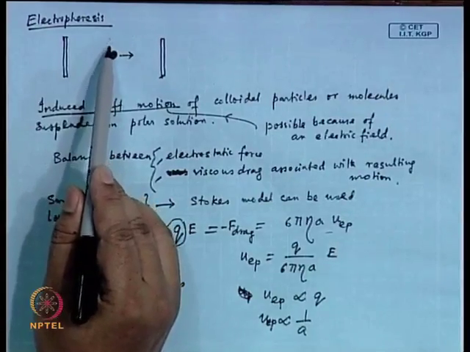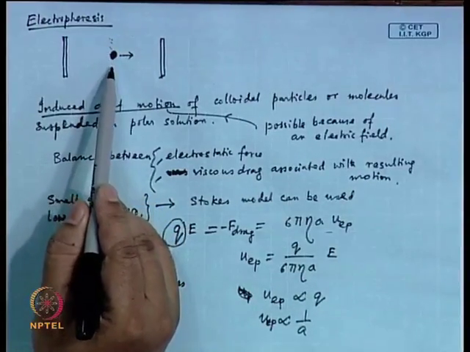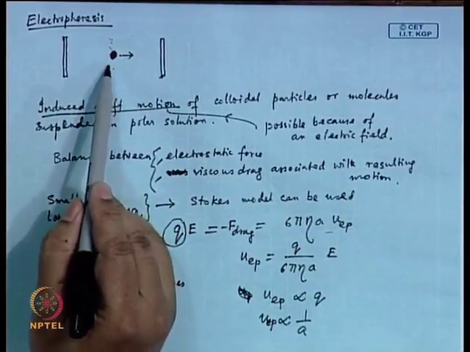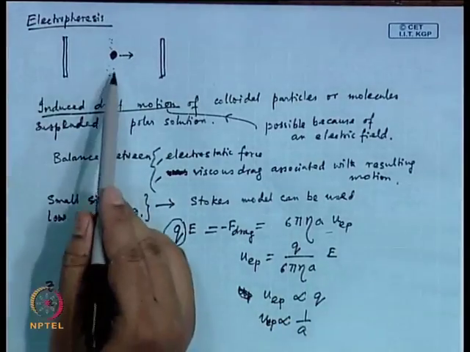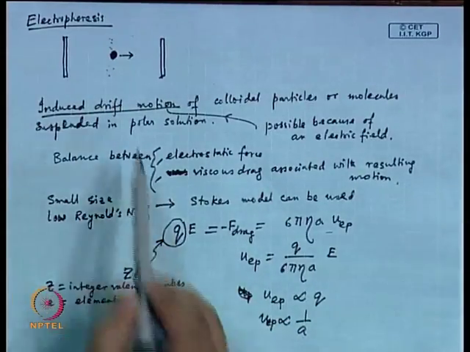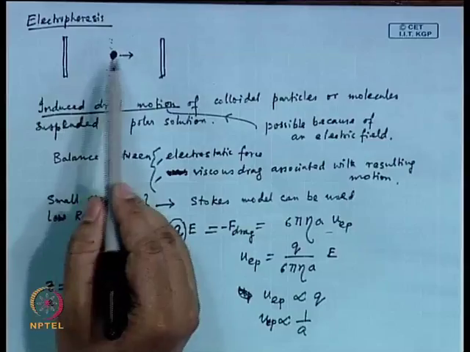On the other hand, if the diameter of the particle is small, it will have a higher velocity. So, if there is a mixture of particles, some big, some small, some with higher charge, some with lower charge, they will attain different U E P depending on their size and charge.